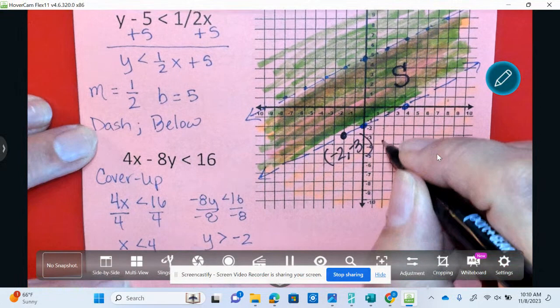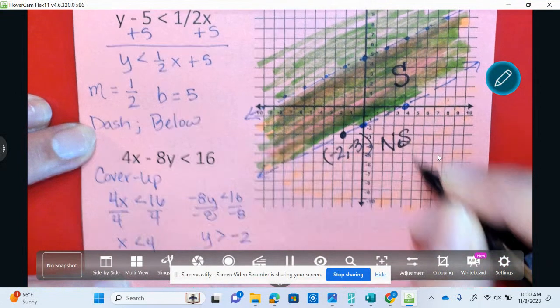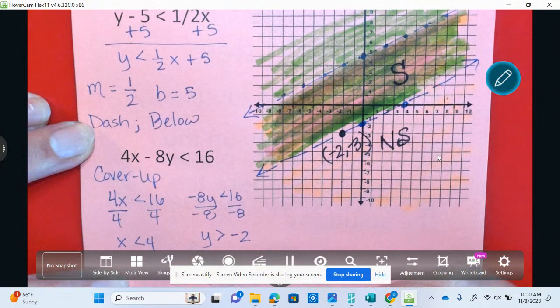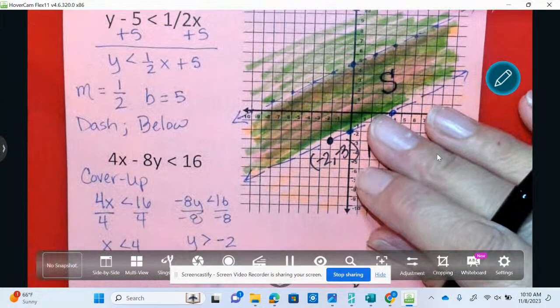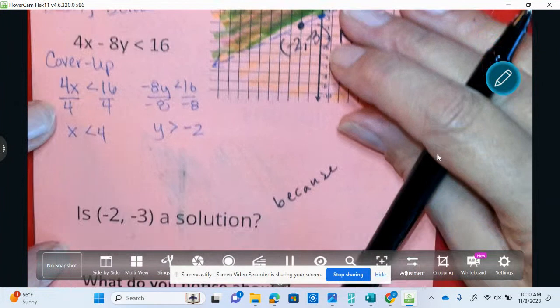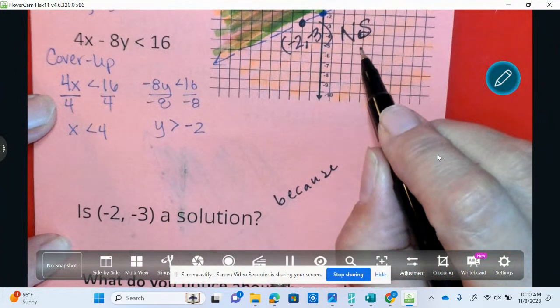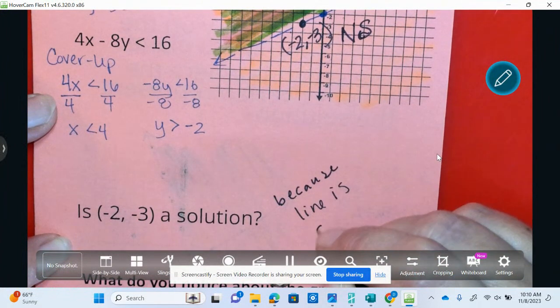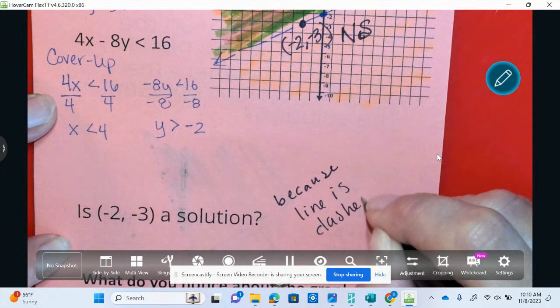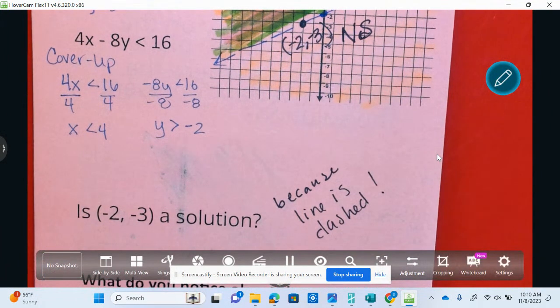Because it's a dashed line. It's not a solution because, are you good with that up there, Kanaya? So negative 2, negative 3 is not a solution because the line is dashed.